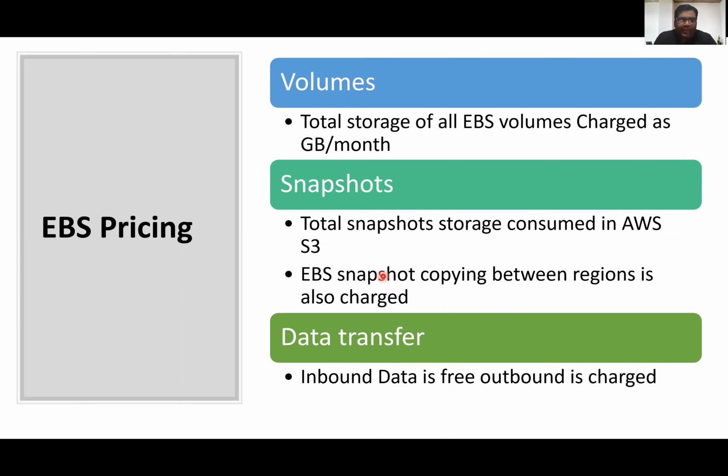You created the EBS volume in a particular availability zone where your EC2 instance is, and if you want to move that EBS volume snapshot to a different region, it's also charged. Data transfer: whatever comes inbound to EBS is free, and whatever goes outbound is charged. That's pretty much the case for most AWS services. Data coming in is free, but whenever you request that data, it's charged.